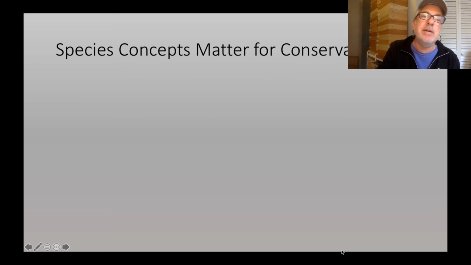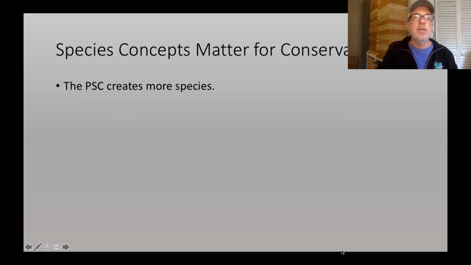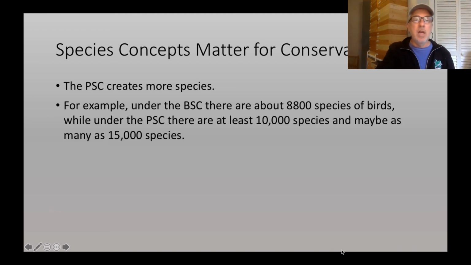The big problem here is species concepts matter for conservation. The phylogenetic species concept creates a lot more species. Under the biological species concept, there are about 9,000 species of birds, while under the phylogenetic species concept, there are at least 10,000 and maybe as many as 15,000 species.